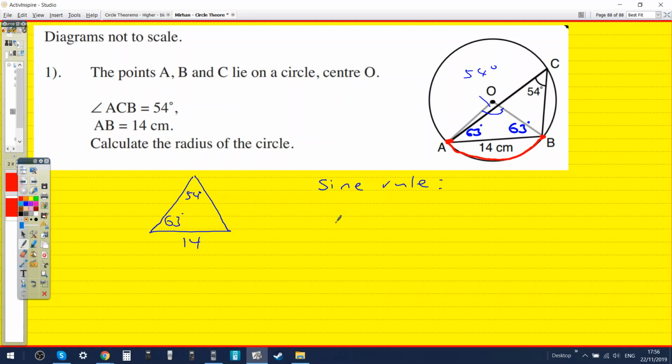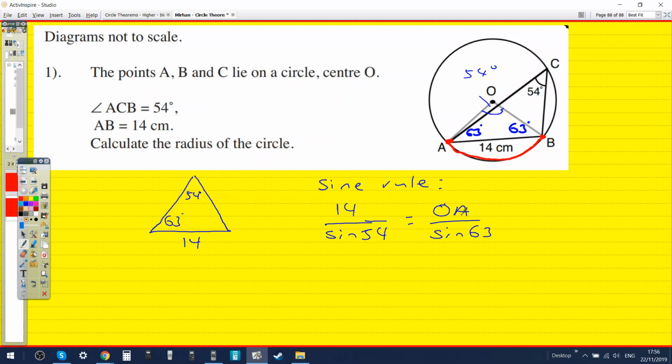So 14 over sine 54 equals AC over sine 63. Yes, and it would be technically OA, not AC. AO. Okay. So we want the radius.